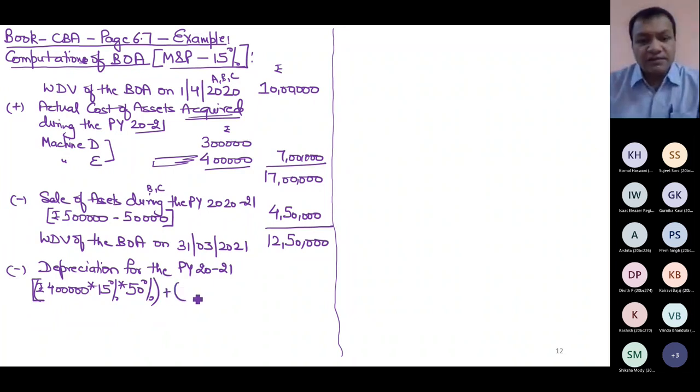And then what is the balancing figure now? Can you tell me what is the balancing? Because total is this value. 1250 is the maximum. So on 1250, if I have charged on 4 lakh, the balance is 8 lakh 50. And what is the rate on this? 15%.